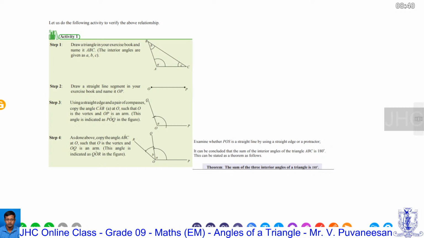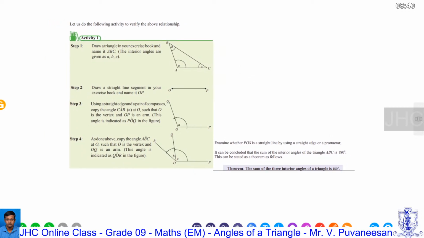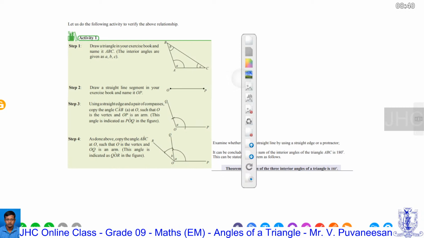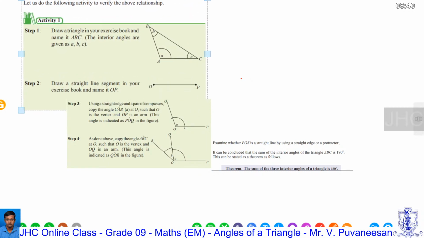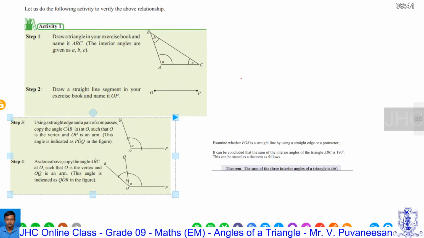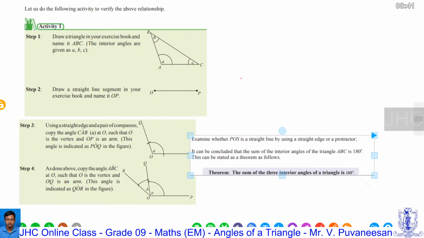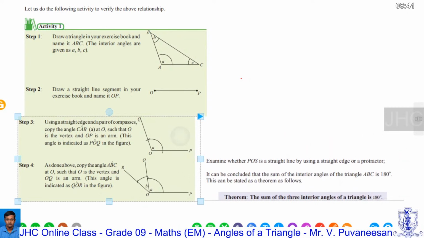Draw a straight line in your exercise book and name it ABC. This is the point B.